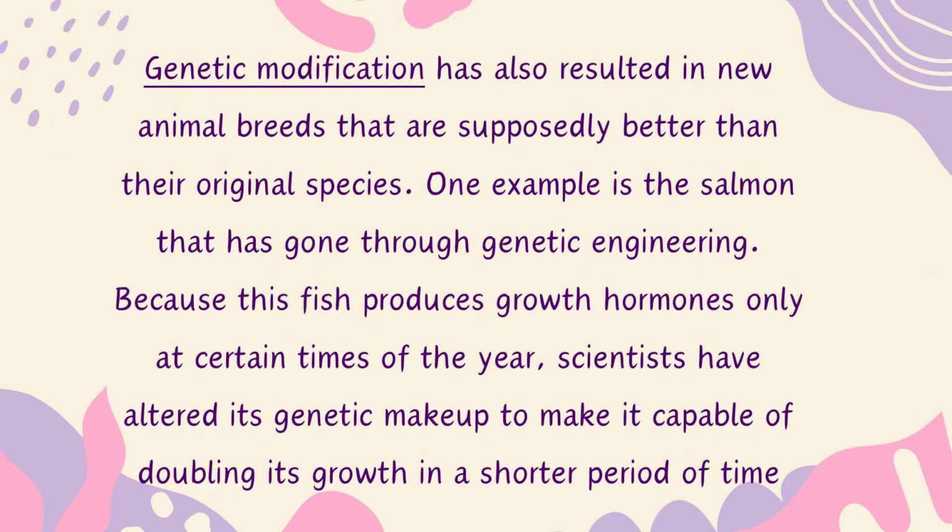Okay, so ibig sabihin pala, yung salmon, dahil nga siya ay magaling na nagpo-produce ng growth hormones o yung nagpapalaki, ginamit siya o yung DNA niya ng mga scientists para mas madoble pa, okay, yung capability niya. Genetic modification ang tawag doon.